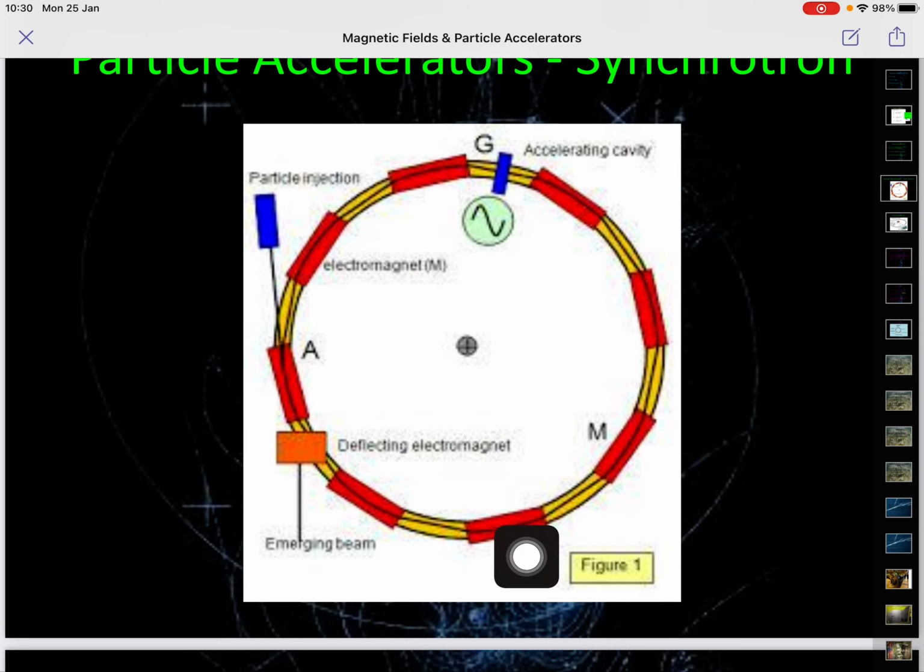That works. However, if you really want to accelerate particles up to the speed of light, you're going to have to accelerate them for quite a distance. So it makes more sense to have circular accelerators so that the particles can keep going and not be stopped.